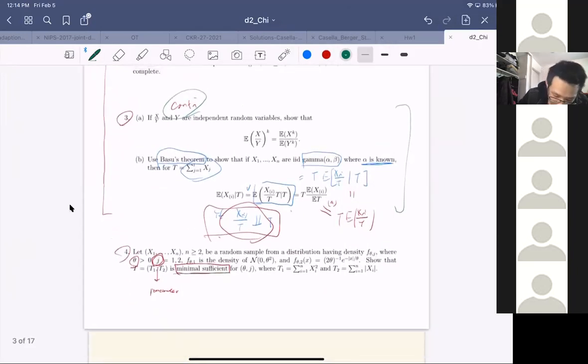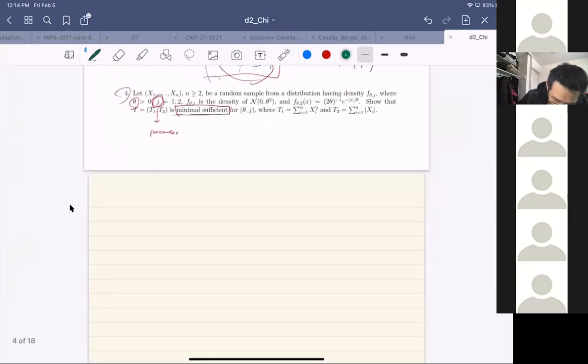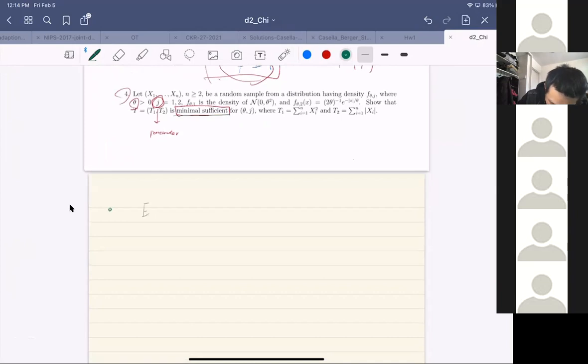But if it's not an exponential family, then I suggest you define the function as h of theta, and you find the derivative with respect to theta. The derivative should be 0. Then you can find some relationship, and in the end, you may be able to show that it's complete.